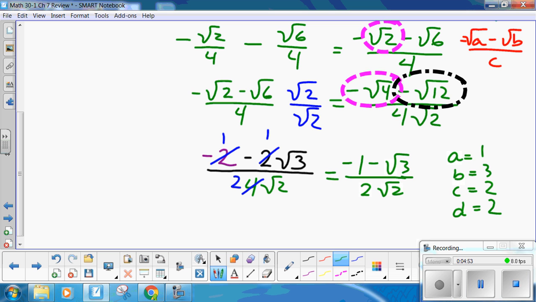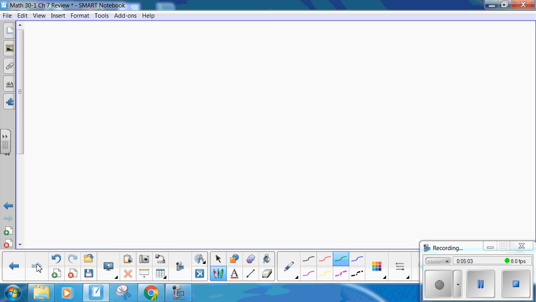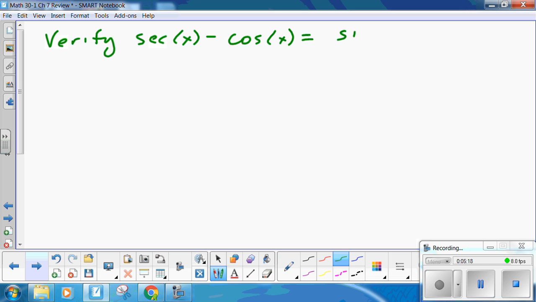Now, the next thing, I'll let you review that for a moment. Now the next thing with exact values, what if I asked you to verify secant of x minus cos of x equals sine of x over cotangent of x, x equals pi over 6.